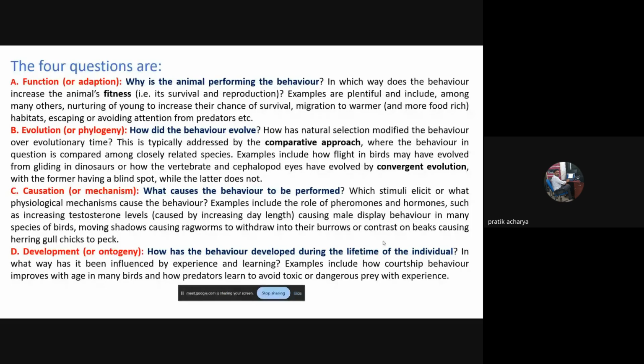Then evolution of the behavior, the second question. Why is there evolution of behavior? Because the environmental condition is not fixed, is not constant. There is change in environmental condition.